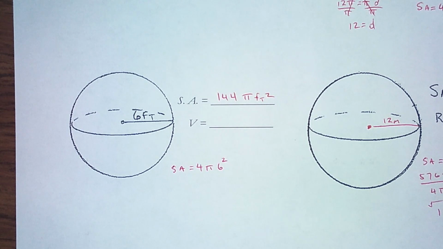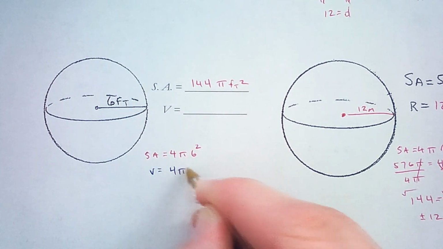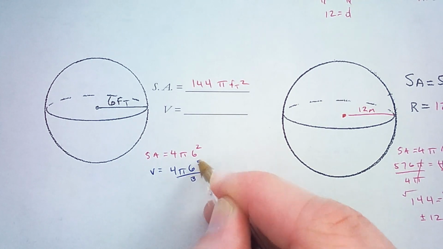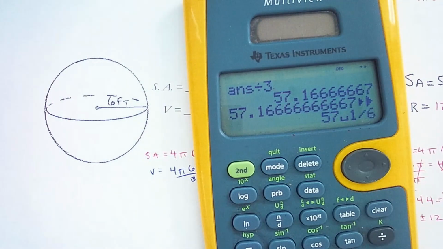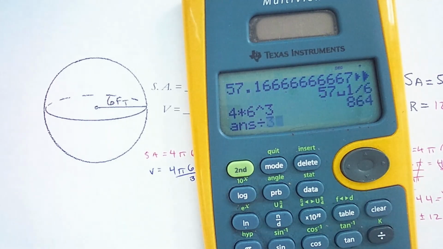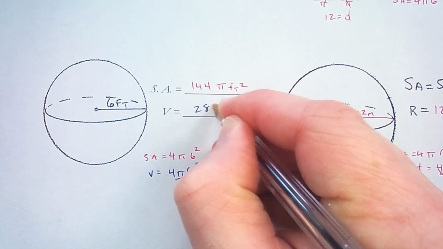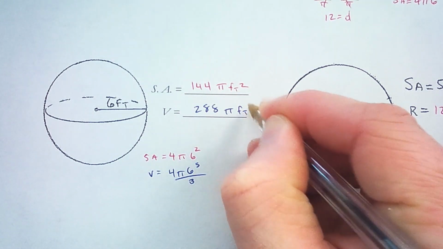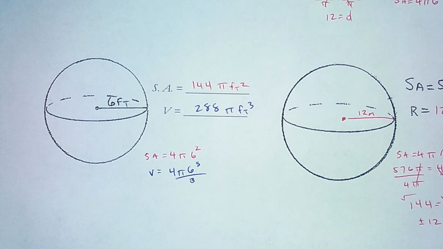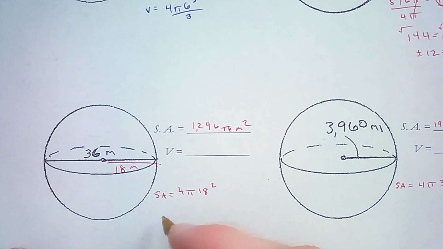Our next volume has a radius of 6, so volume equals 4 pi 6 cubed over 3. So that's 4 times 6 cubed divided by 3, and that is 288. So we have 288 pi feet cubed. Then we have a radius of 18.